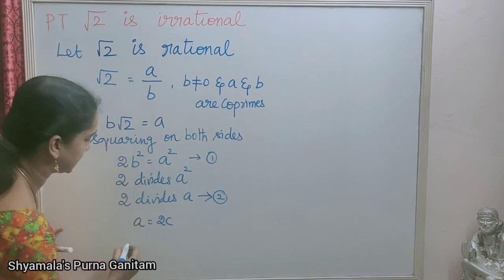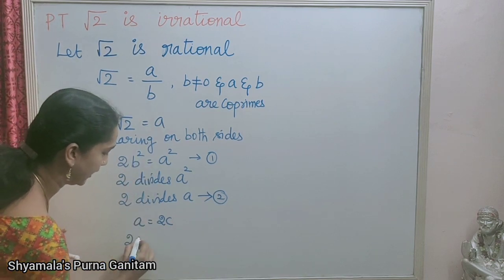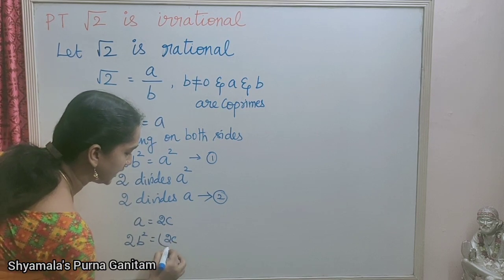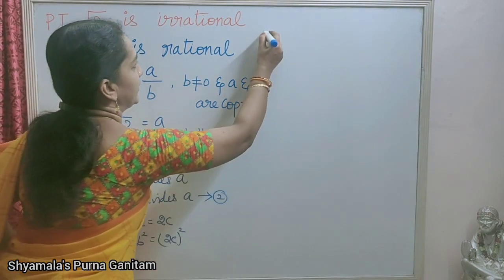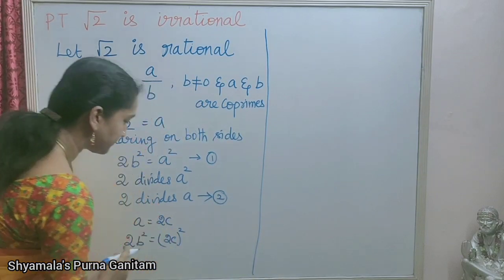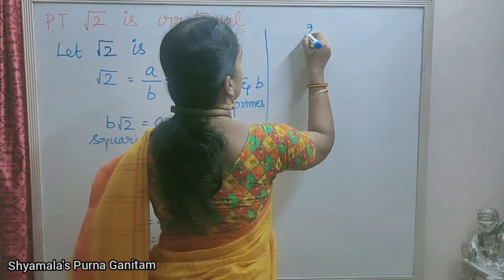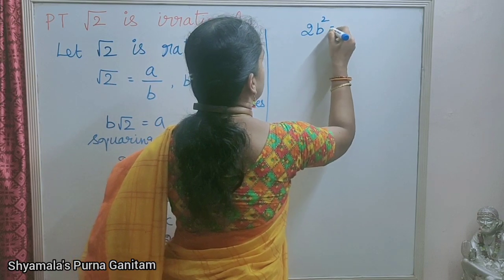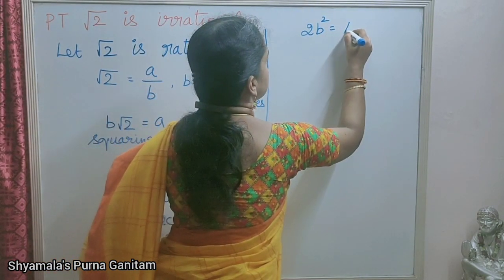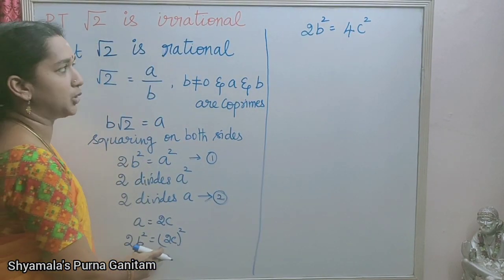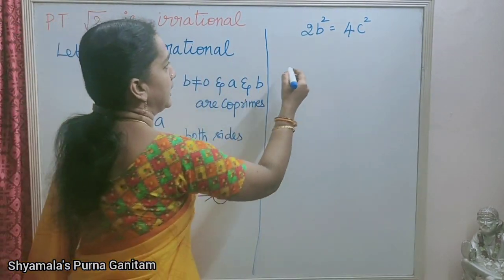So in this we substitute the a value. 2b squared is equal to 2c the whole square. So we get 2b squared is equal to 4c squared.